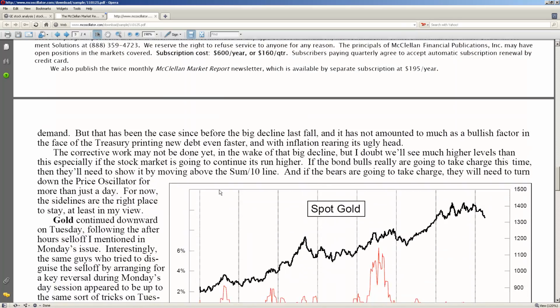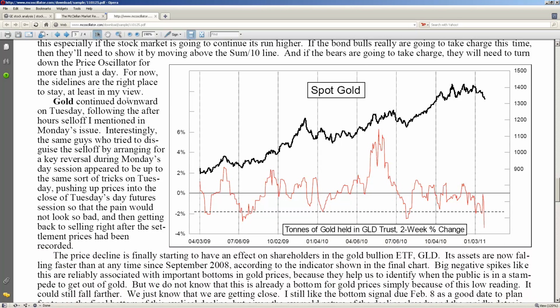And the same thing with precious metals. He'll give his take on gold and silver.